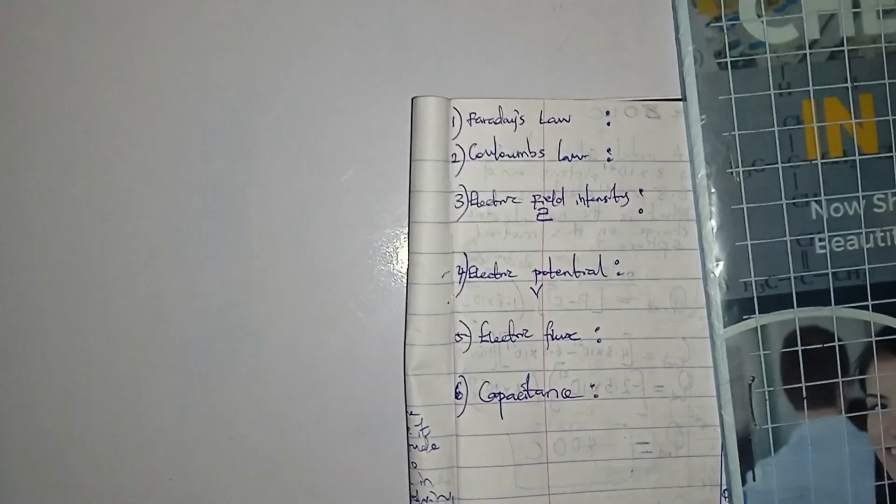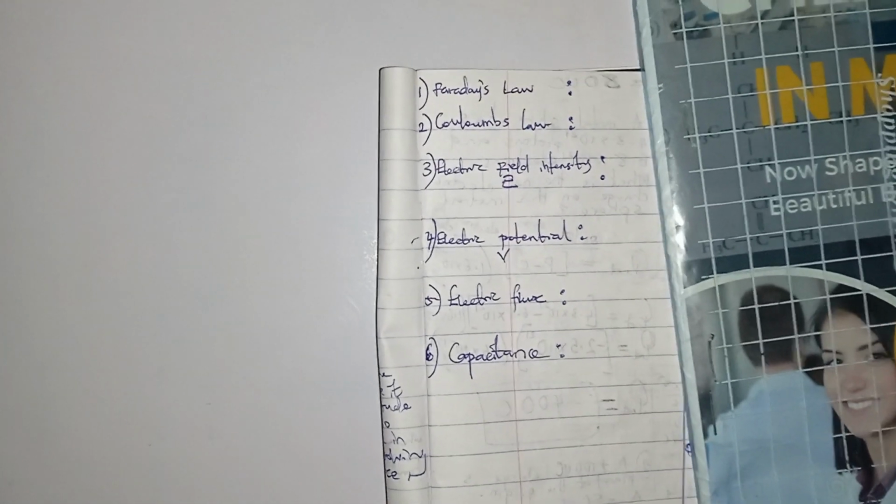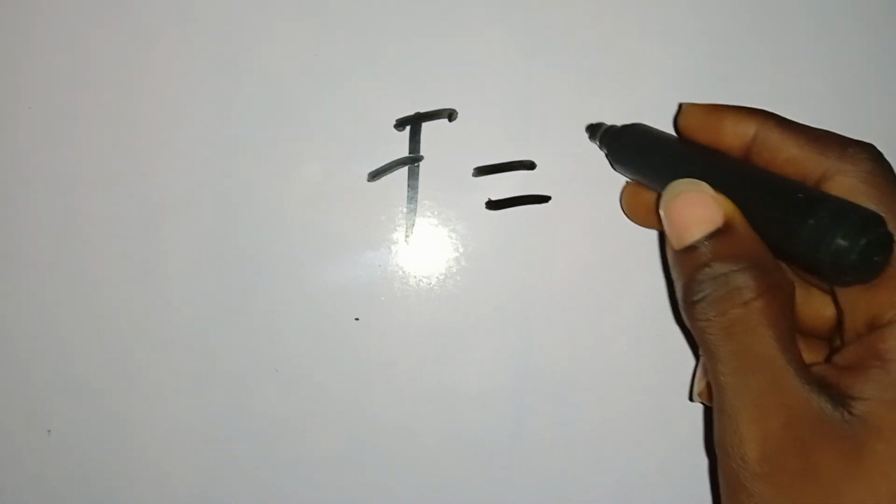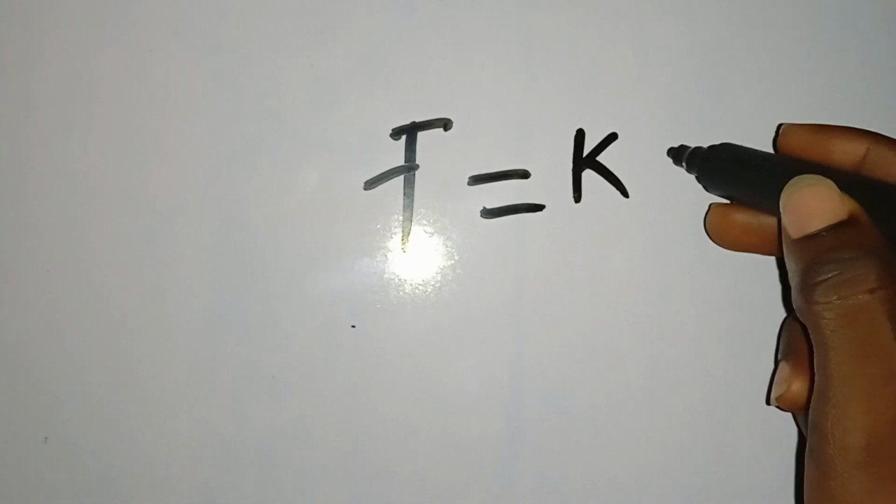Alright, let's quickly summarize the laws of electrostatics. You know that electrostatics is the study of charge at rest. The first one is Coulomb's law, and it says that force is directly proportional, with some kind of constant.